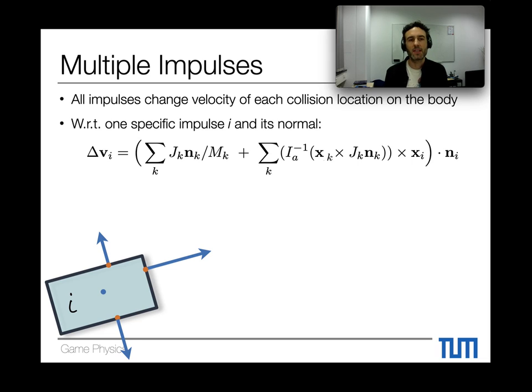So a bit similar to forces, the impulses we can accumulate with addition. So that's in a way still fine and relatively simple. This is really just adding up these k impulses that we have now.